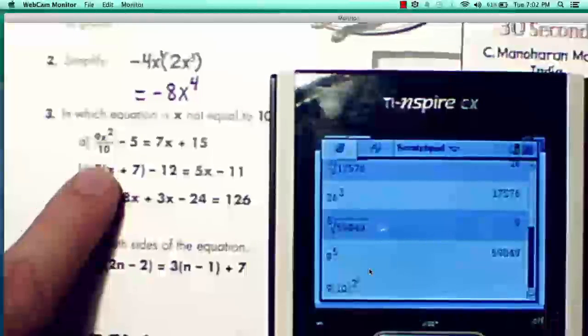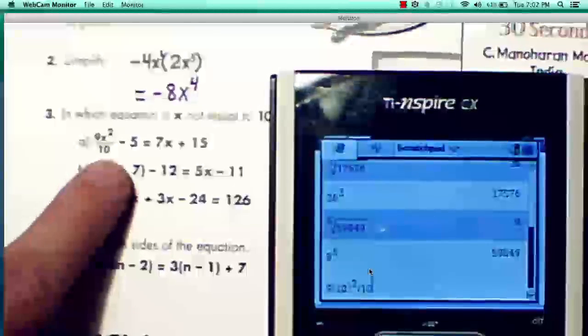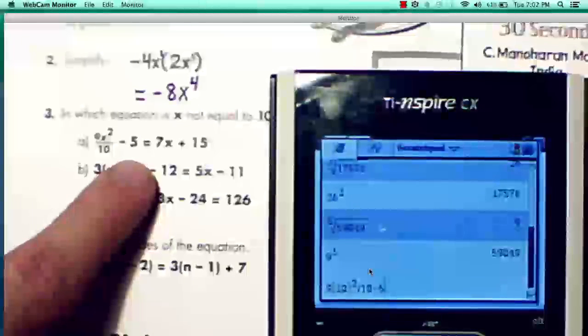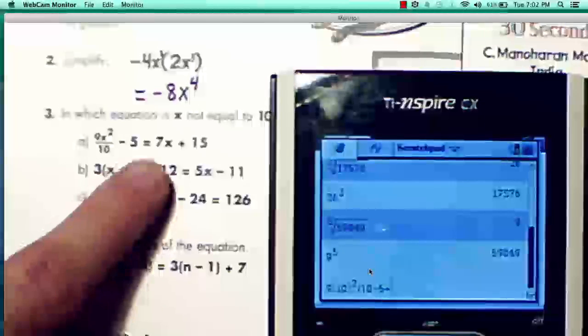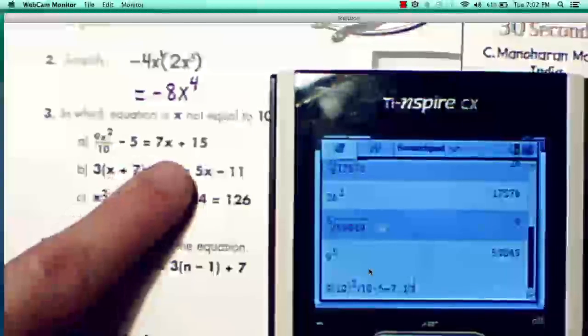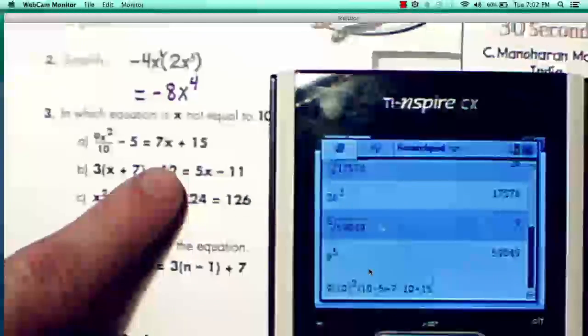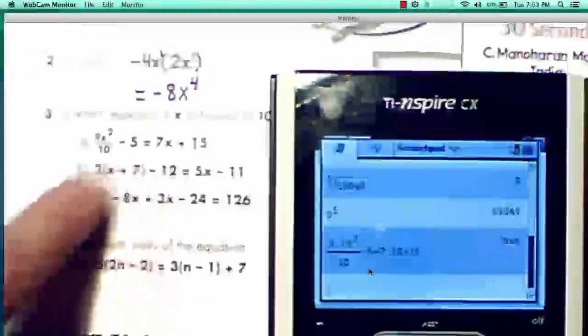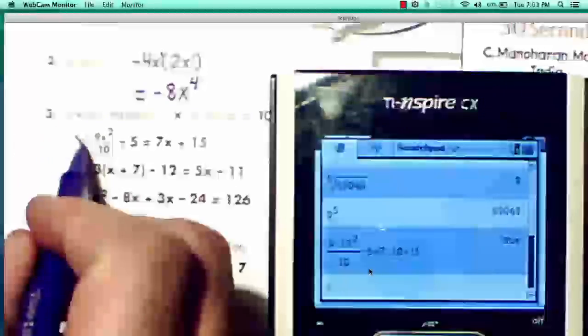Then come out of the exponent, divide 10, subtract 5. And now I can type in the equal statement, 7 times 10 plus 15. And the calculator will tell me if this is a true or false statement. It's true. So A is not correct. We're looking for one that's not equal.